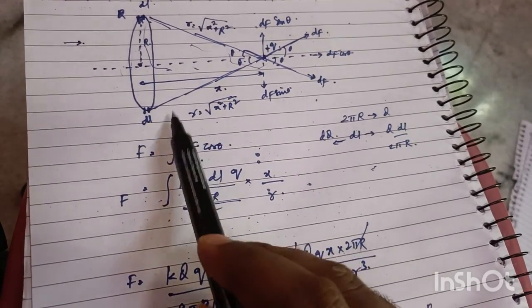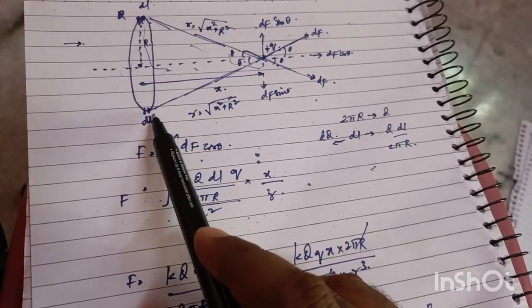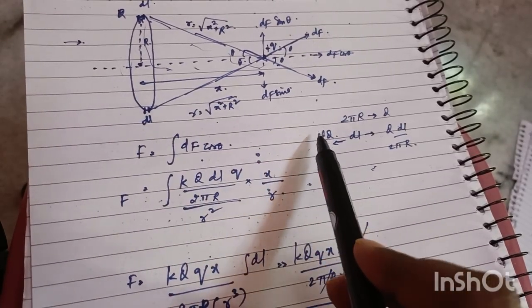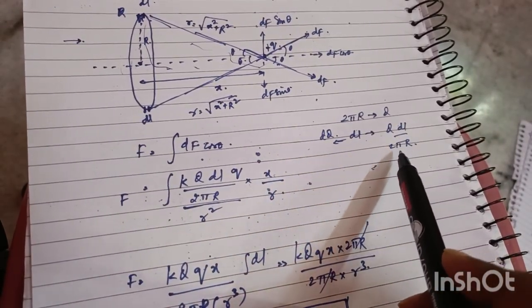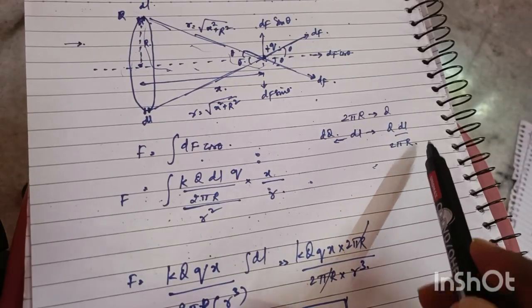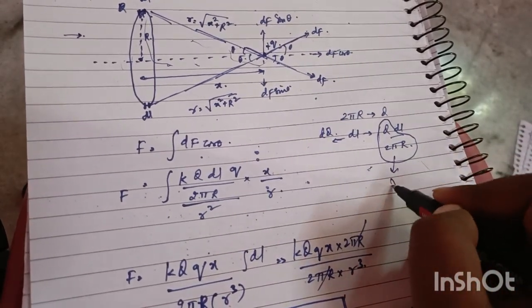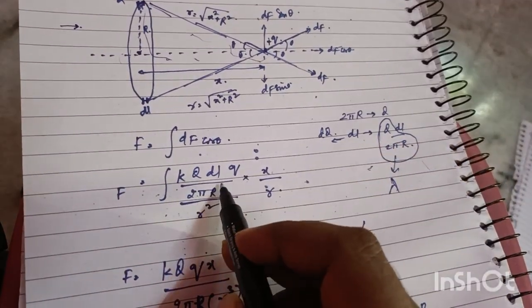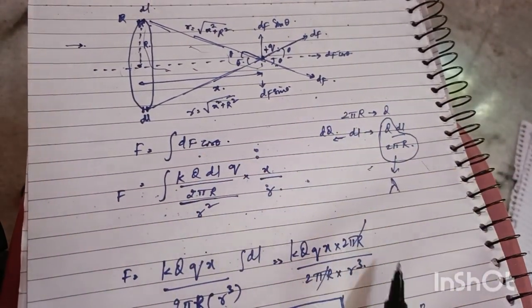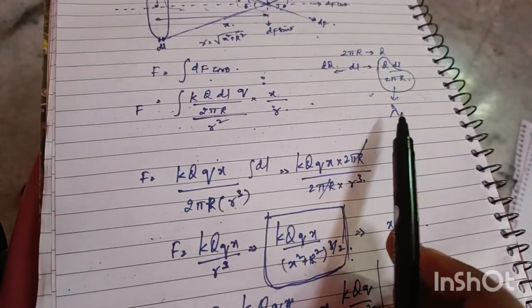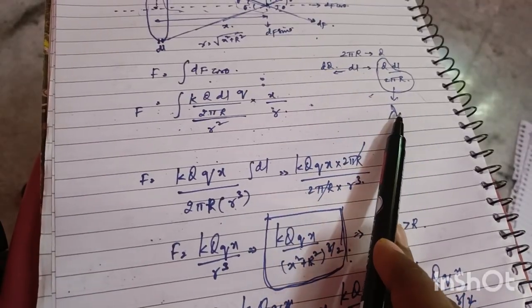This dq, the element charge, we got as q by 2 pi r times dl. Q by 2 pi r, as I previously stated, is the line charge density, lambda, which they could directly give. Otherwise you can do it by any method, it doesn't matter. I've done it directly by taking q by 2 pi r.